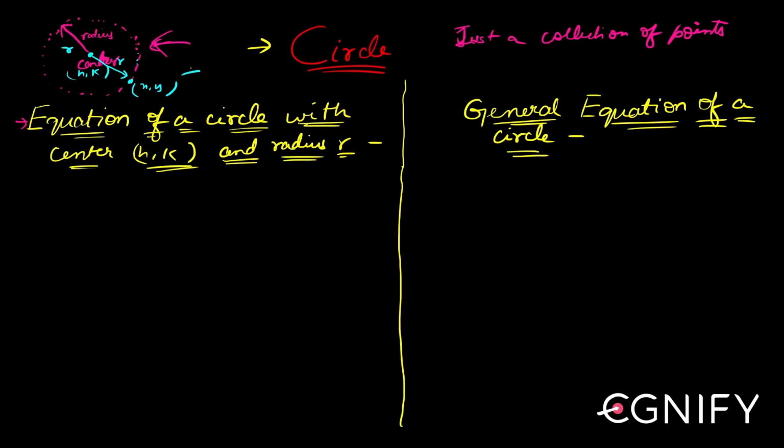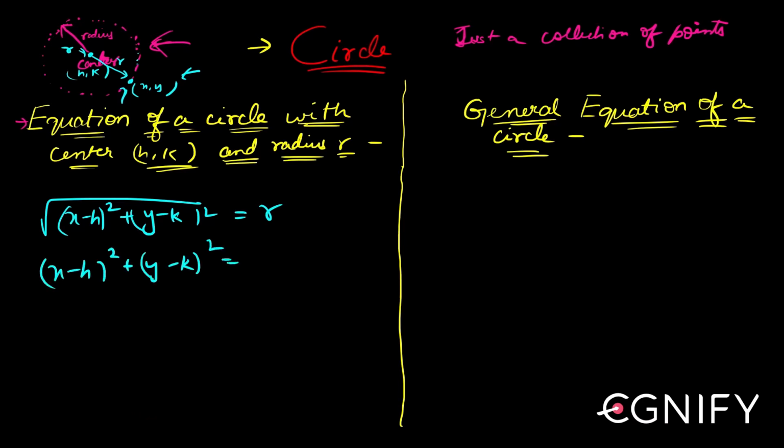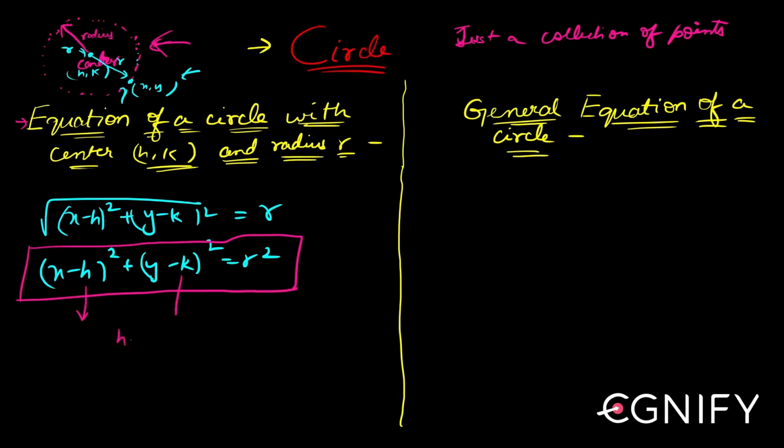I've just taken a random x, y, and I will subject this x, y to the condition that it has to be at a distance r from h comma k. So the distance formula I will use between these 2 points should be equal to r. So (x minus h) square plus (y minus k) square is equal to r square. This is the equation of the circle which has the center h comma k and has the radius r.